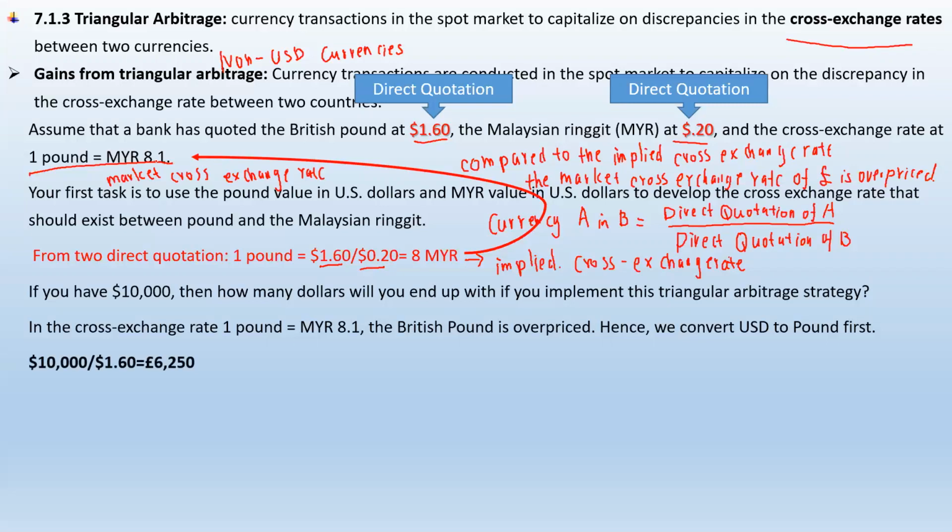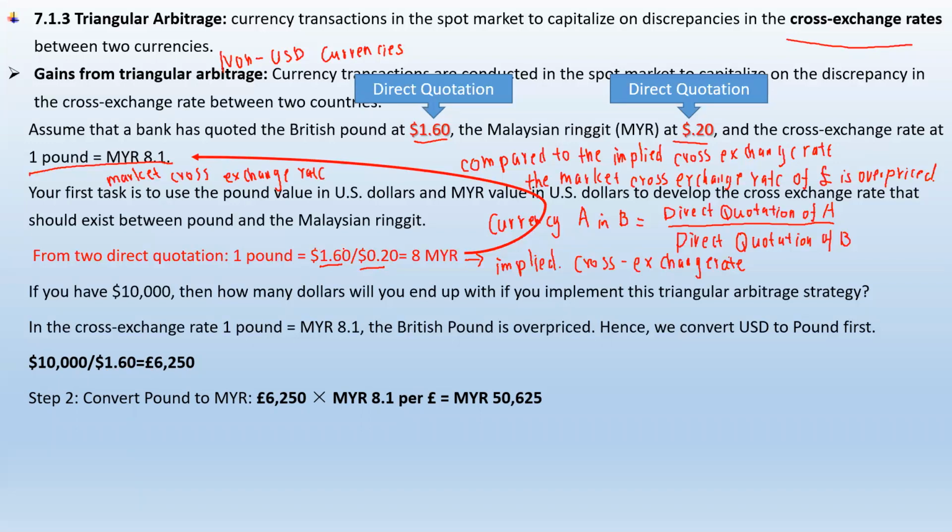We have 10,000 US dollar, and each British pound equals to 1.6 US dollar. So we can use this 10,000 US dollar to exchange for 6,250 British pound. Then we convert British pound to MYR, which is the underpriced currency.